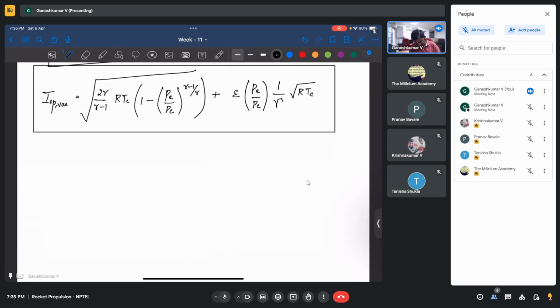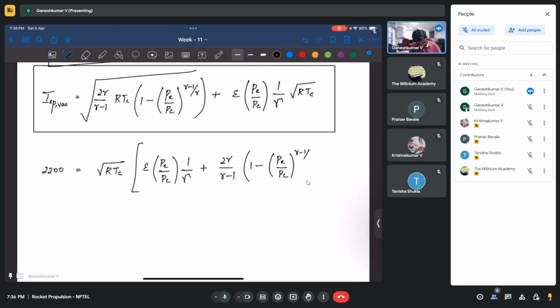ISP at vacuum conditions, 2200, is equal to square root of RTC into epsilon PE by PC into 1 divided by gamma, plus 2 gamma by gamma minus 1 into 1 minus PE by PC power gamma minus 1 by gamma, into square root. Okay, that's it.